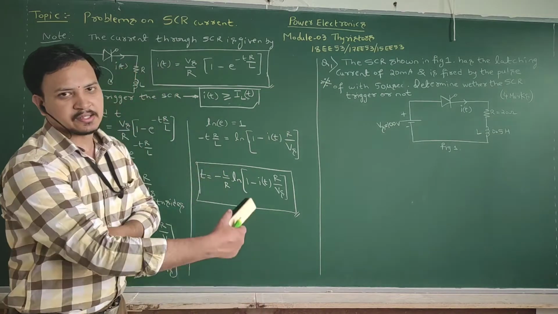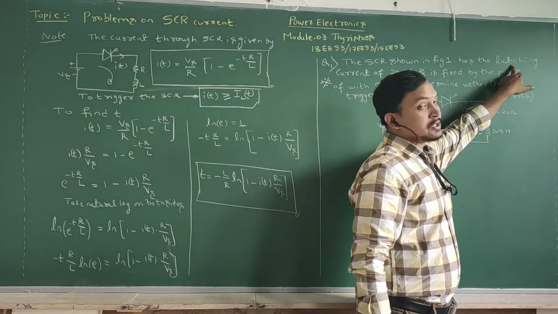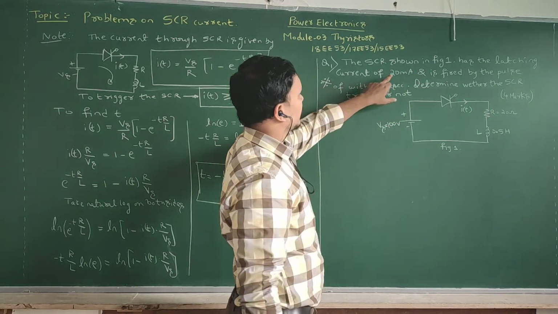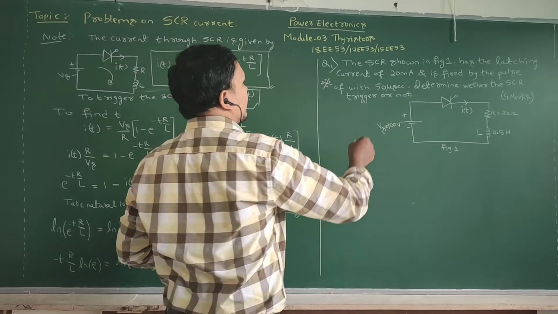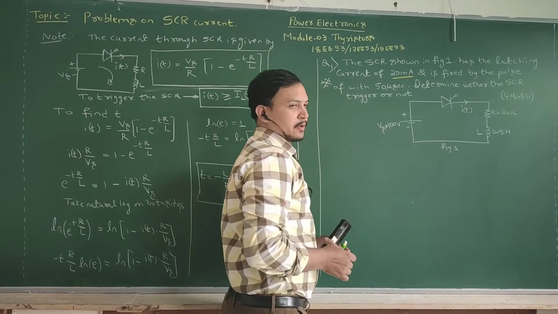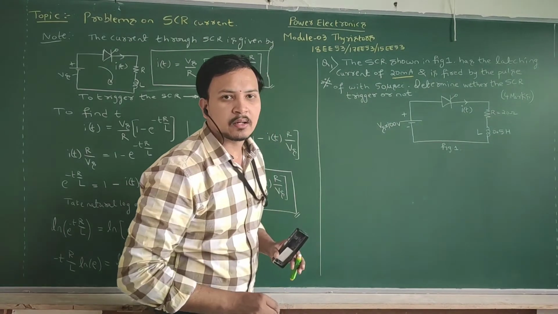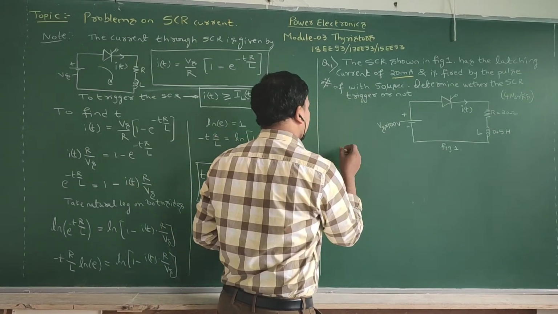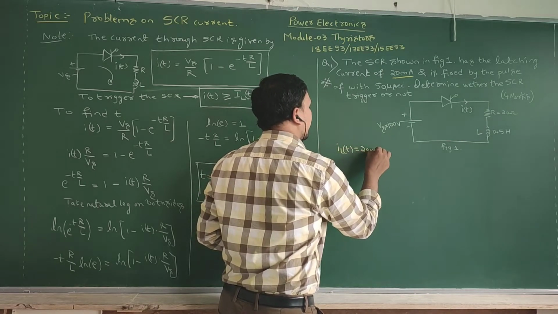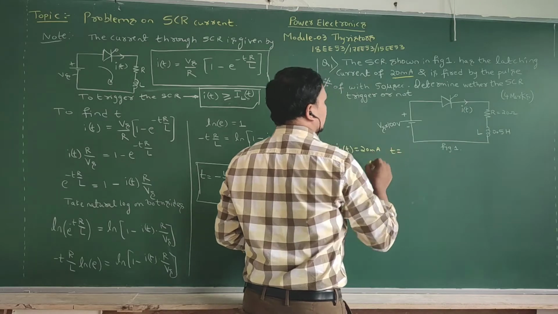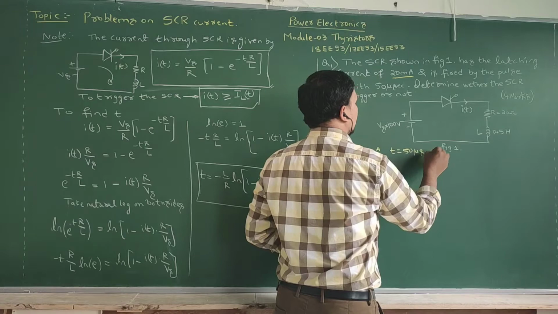So we can check the first problem. The SCR shown in figure 1 has a latching current of 20 milliampere and is fired by a pulse of 50 microseconds.